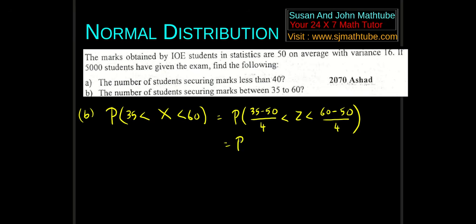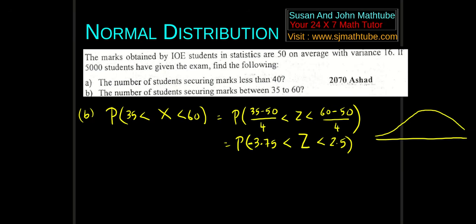That will be probability of minus 15 by 4, which is minus 3.75, less than Z less than (60 minus 50) divided by 4, that will give me 2.5. So we are interested in the area from minus 3.75 to 2.5.